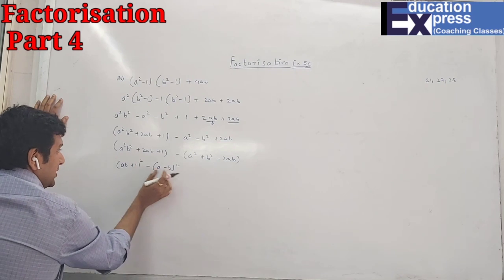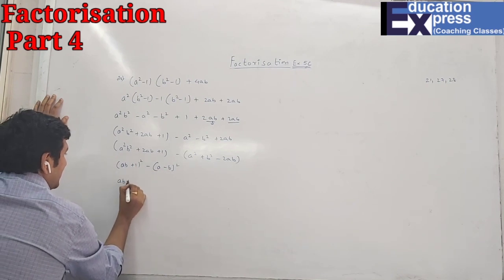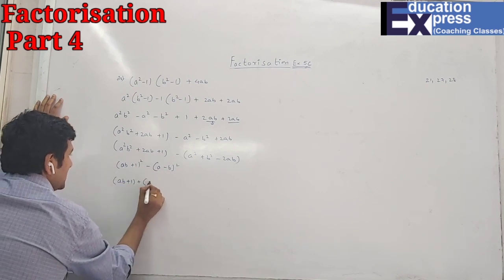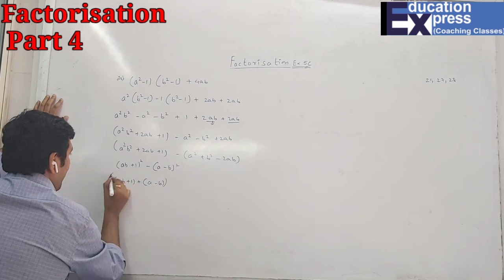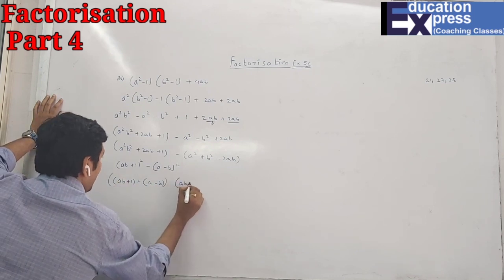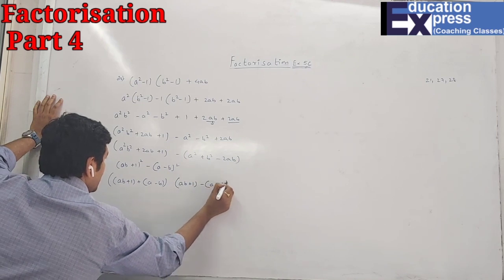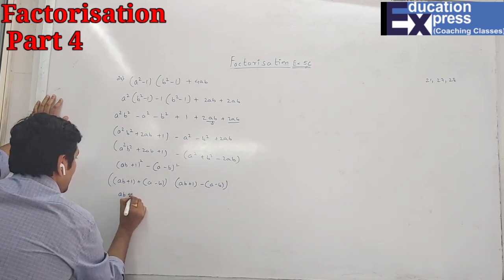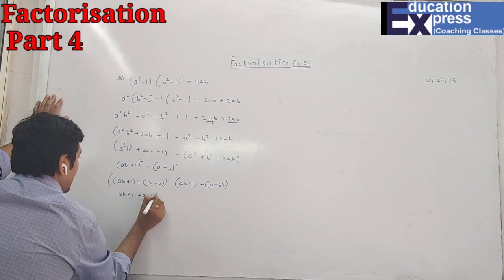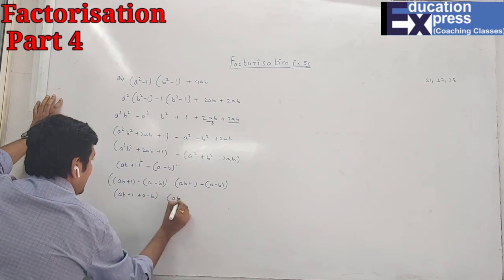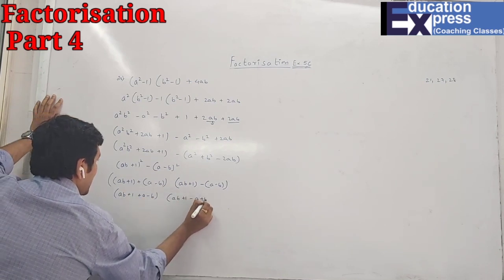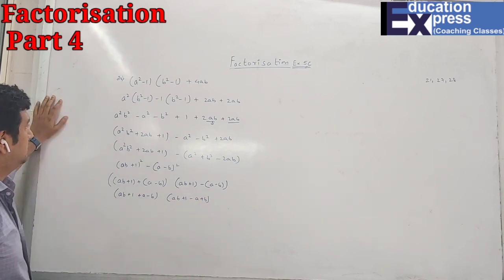So a square minus b square is (ab plus 1 plus a minus b)(ab plus 1 minus a plus b). So ab plus 1 plus a minus b, ab plus 1 minus a plus b is the answer.